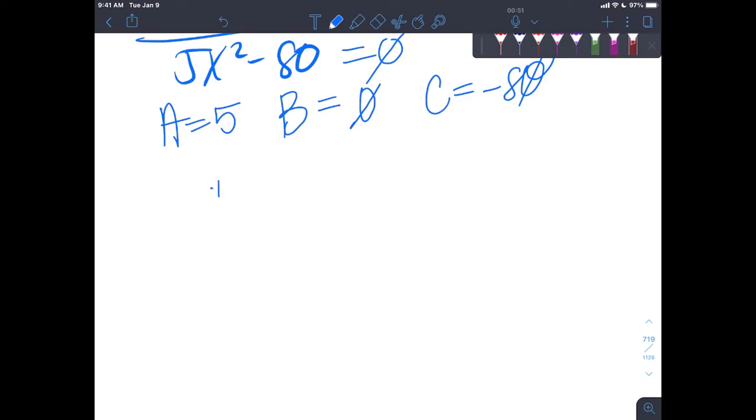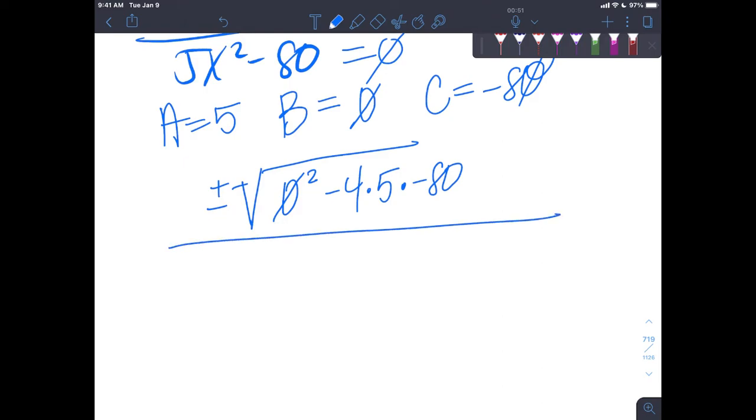So this is going to be plus or minus square root of 0 squared minus 4 times A times C, all divided by 2 times A. Let's start simplifying. 2 negatives make a positive.